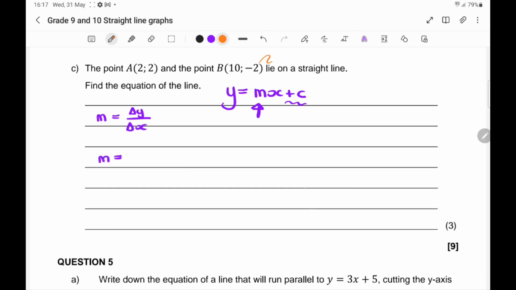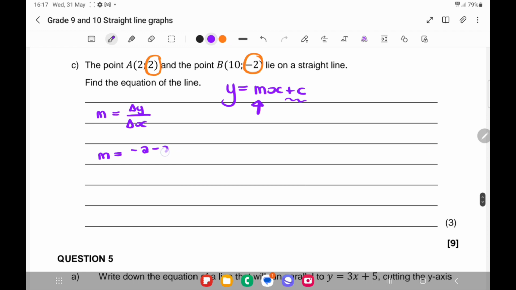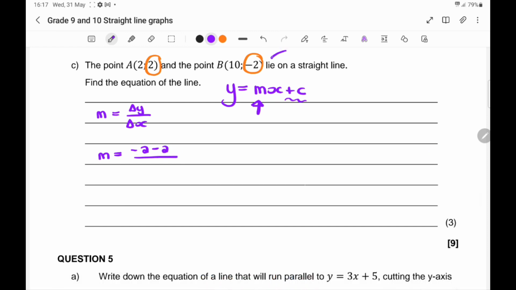So I'm going to highlight my y values just so it stands out. So it's minus 2 minus another 2. So I'm going to start here and then I subtract the first coordinate. So minus 2 minus 2. And then again, I'm going to start here with the second coordinate, 10 minus 2.